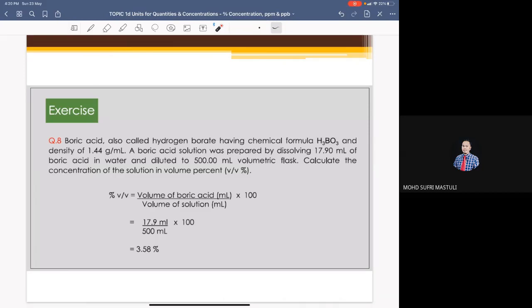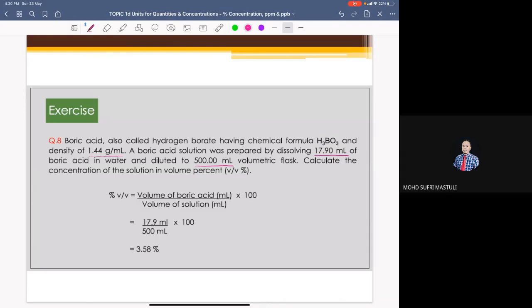Boric acid, also called hydrogen borate, having a chemical formula of H3BO3, has a density of 1.4 gram per ml. A boric acid solution was prepared by dissolving 17.9 ml of boric acid in water and then diluting it to 500 ml in a volumetric flask.